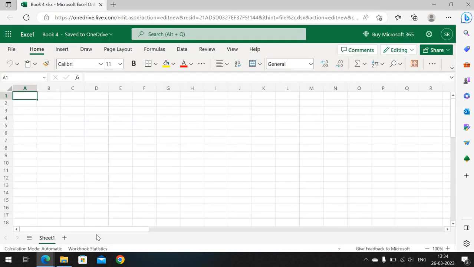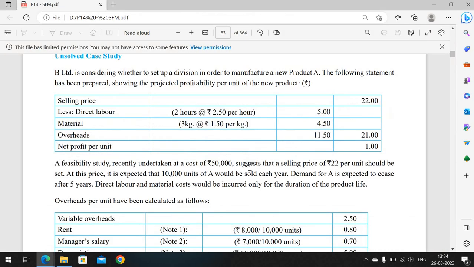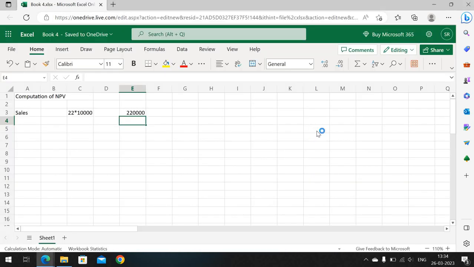Computation of NPV. Sales is 22 lakhs, 22 into 10,000 units they have given, so 2 lakh 20,000. Then direct labor 5 rupees per unit, 5 into 10,000, 50,000.